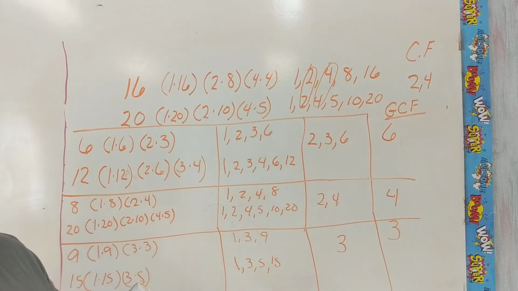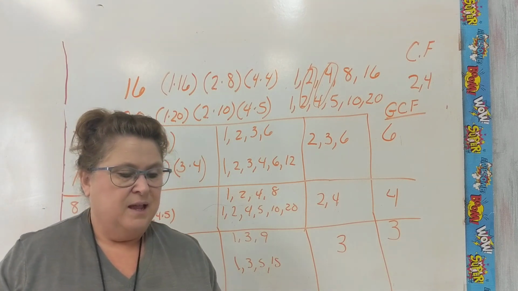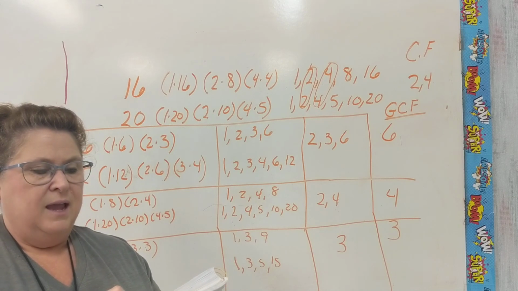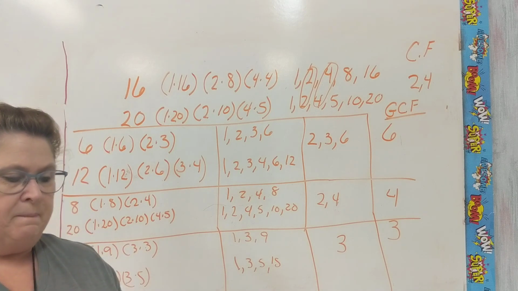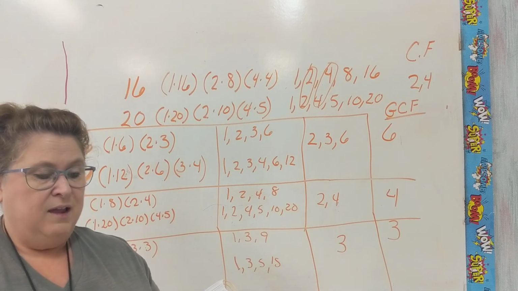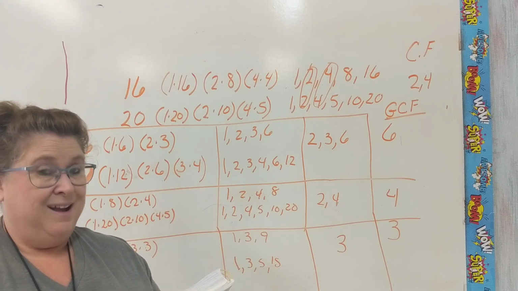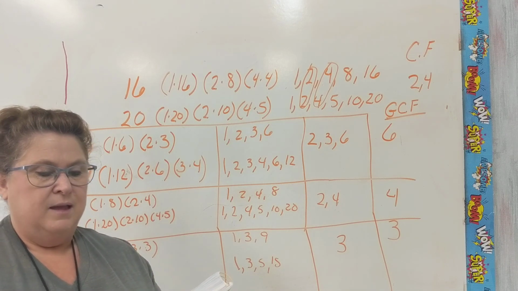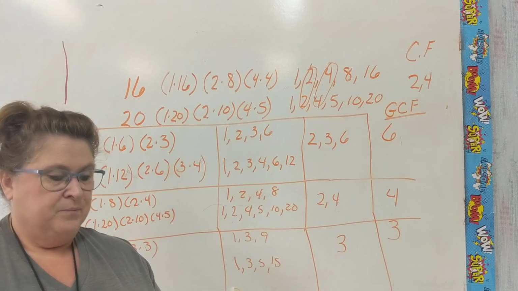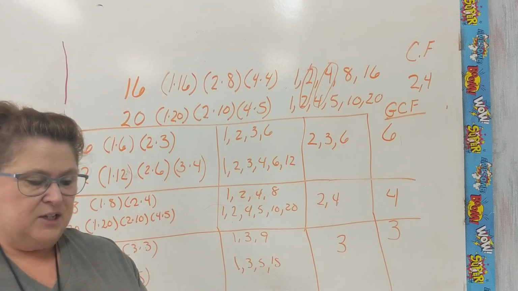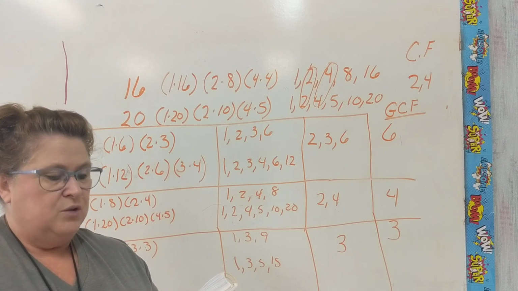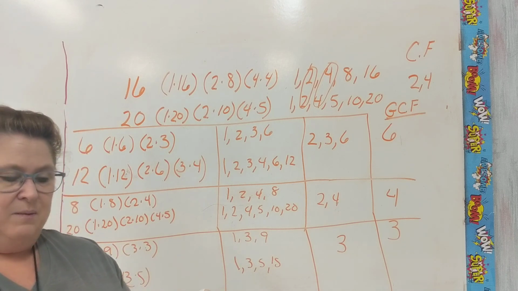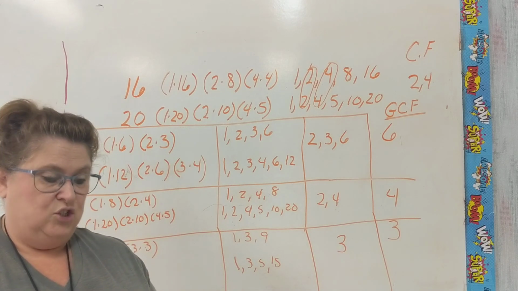Turn your papers to page 66. On page 66, for section 4, I want you to go ahead and do letter B and letter C. For section 5, you're going to write your remainders as a fraction, highlight that or underline it or something, and I want you to do letter A and letter C. Section 6, you're going to follow the directions and just do exactly what they want you to do, and I want you to do all of section 6, A, B, C, D, E, F, G, and H. Do all of it.